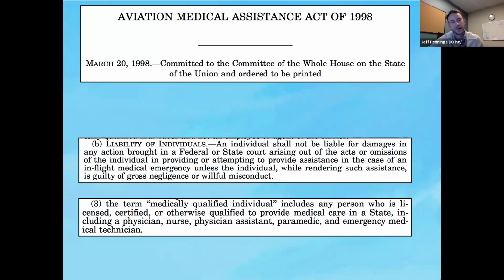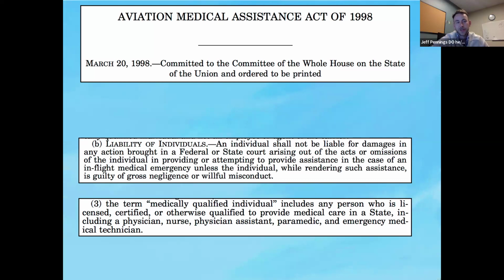So next is our breakdown of medical legal implications. In the United States, there are protections under the Aviation Medical Assistance Act of 1998, which is very similar to the Good Samaritan Act. If anyone is responding to an in-flight medical emergency, it is presumed that they are doing this with good intent.